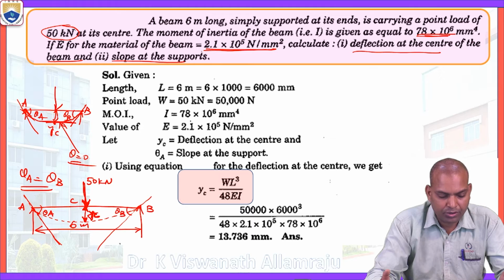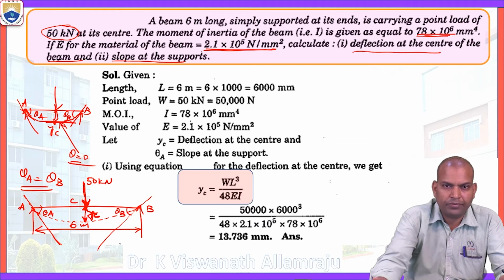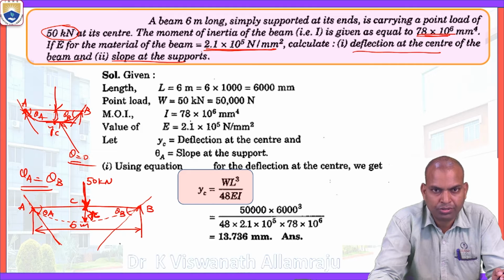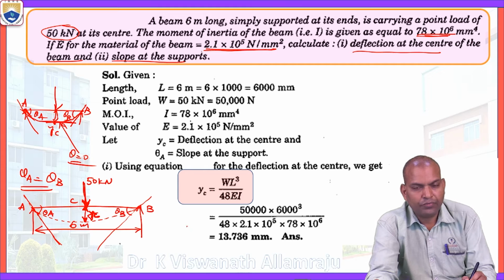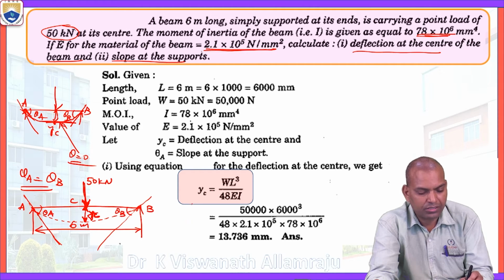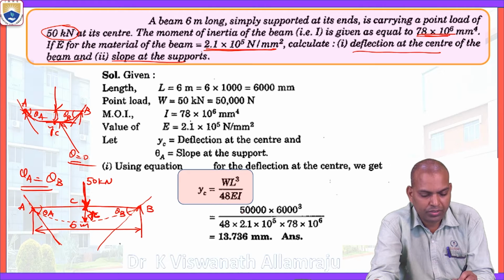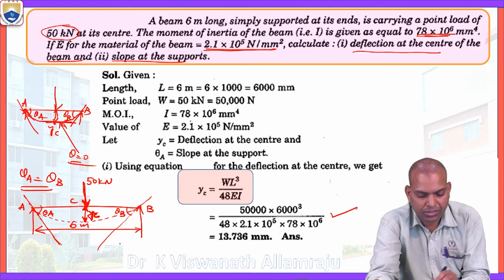Now the span of the beam is 6 meters, which converted into millimeters is 6,000 millimeters. The point load is 50 kilonewtons; 1 kilonewton equals 1000 newtons, so converting into newtons, that is 50,000 newtons. Now the formula derived for this case study: Yc, the maximum deflection at point C, is WL cubed by 48 EI, where W is 50,000 newtons, L is 6,000, E is 2.1 into 10 power 5, and I is 78 into 10 power 6.